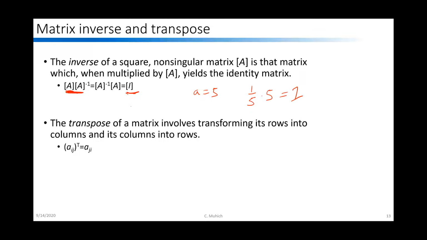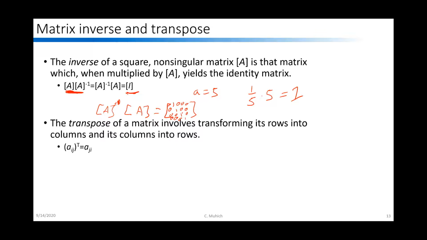Similarly, if I take a matrix A and I multiply it by its inverse matrix, I get that identity matrix, which is 1s all down the diagonal and 0s everywhere else. This is going to help us solve matrix problems in a second. The inverse matrix is denoted by that superscript -1, and when I take an inverse matrix times the matrix, I get that identity matrix.